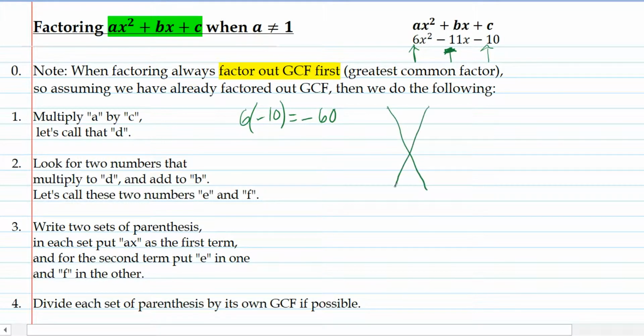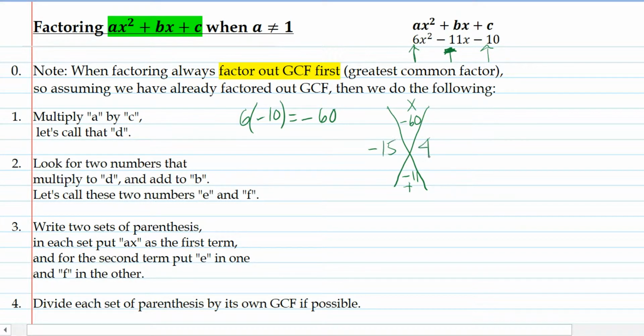I like to draw an X. I put -60 up here. I put -11 down here. So it has to multiply to that and add to that. Those 2 numbers are -15 and 4. I'm going to put those here.